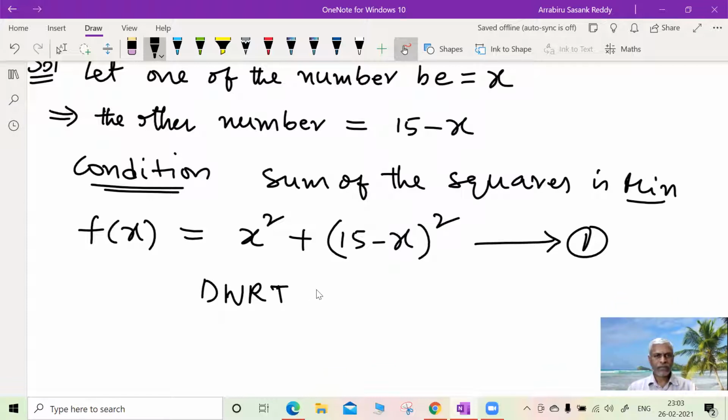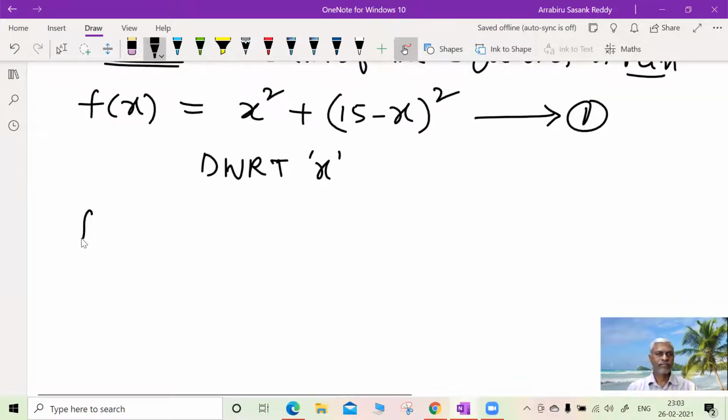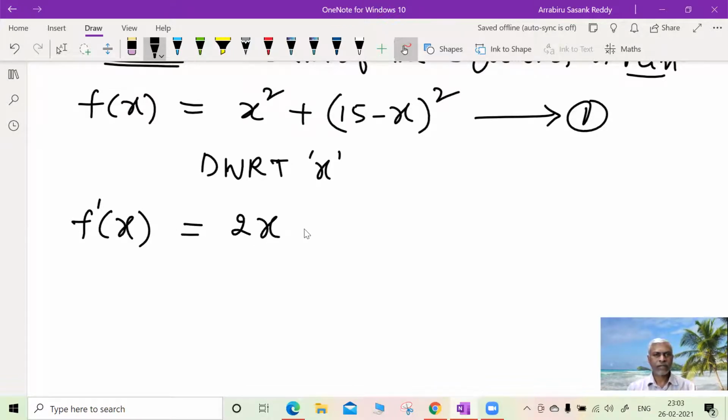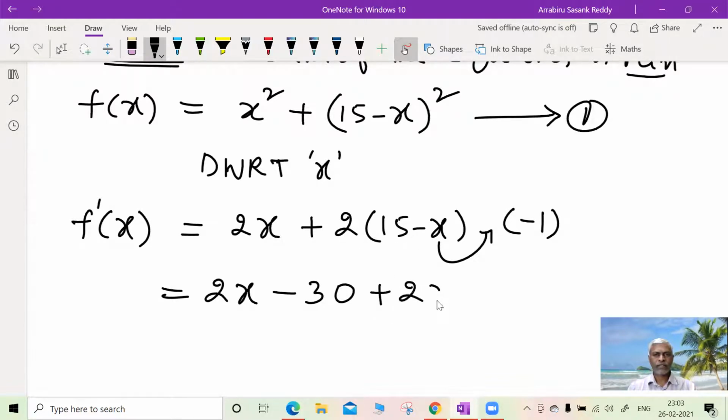Differentiating with respect to x, f dash x: x square differentiation is 2x, and this is 2 into (15 minus x), and minus x differentiation is minus 1. 2x, 2 into minus 1, minus 2 into 15 is minus 30, minus 2 into x, plus 2x. 2x plus 2x is 4x minus 30.